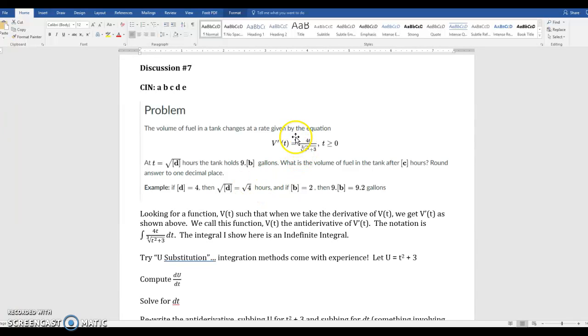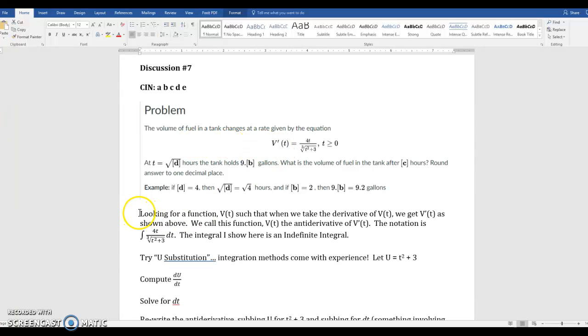Now we're at the point where we want to take this function, and essentially what we're doing is going backwards. If over here I had some function V of t, we took the derivative, and we went here. So where you're at now is you're at V prime of t, and you want to go to the function such that when you took the derivative of it, you got V prime of t.